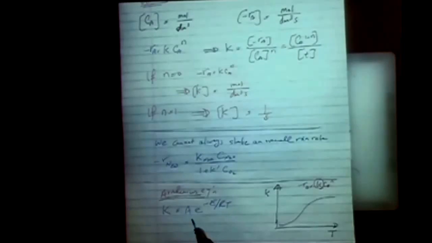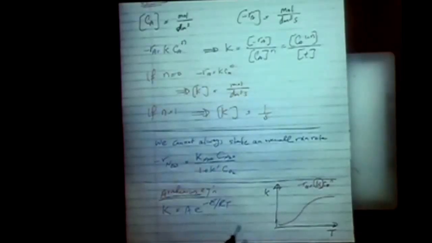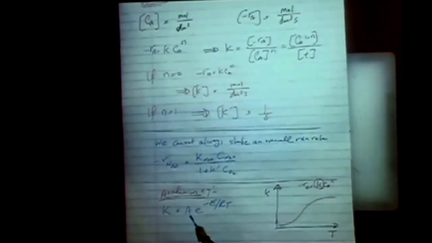Some books write k naught rather than A, but whatever notation different books use, your book uses A. This A is the pre-exponential factor. E is the activation energy. And what is R? The universal gas constant, as in PV equals nRT, so it is a constant value.